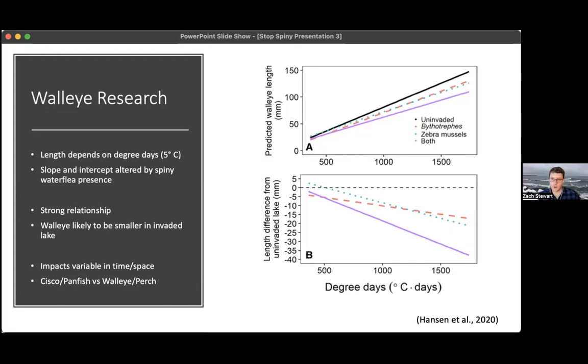But cisco or whitefish and panfish may not necessarily have the same effect. They may be anecdotally more effective at being able to use spiny waterfleas as food in some circumstances. I think that's a really interesting question, but it warrants a little bit more research to fully understand it.